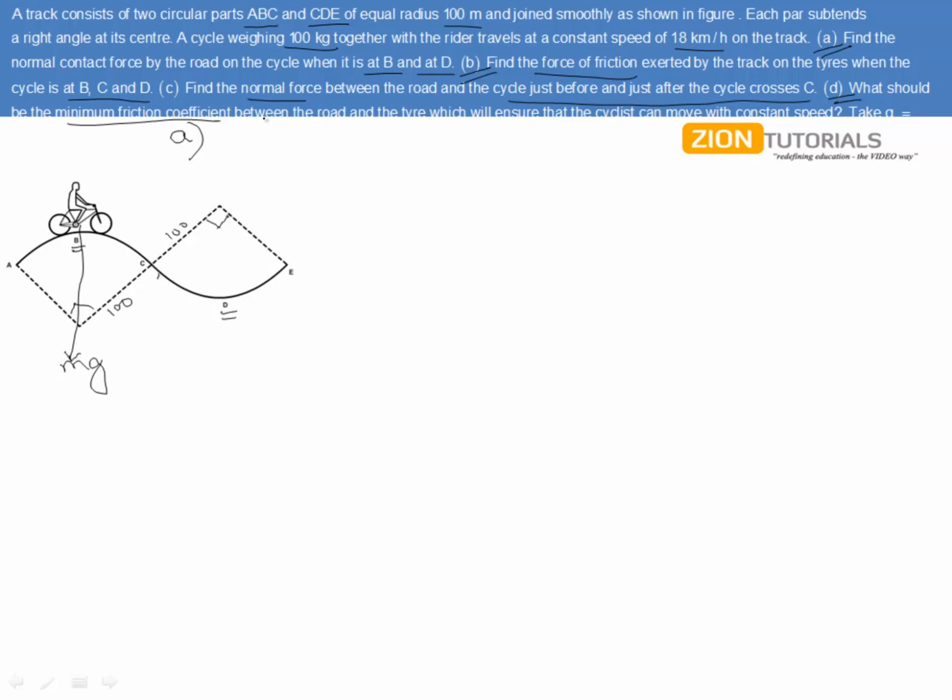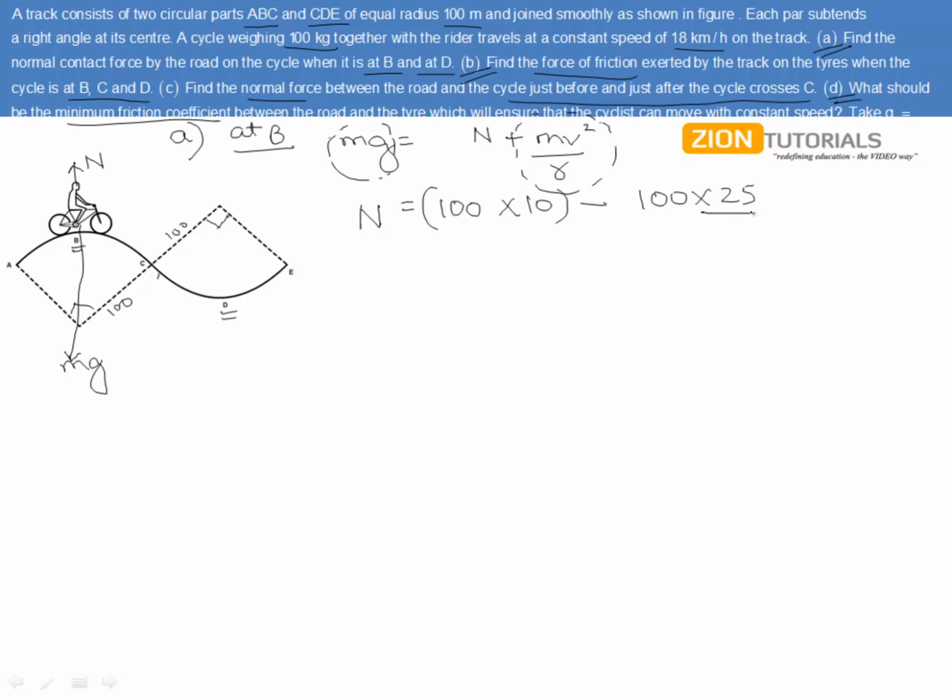Forming the equation, at B, I have mg equals normal reaction plus mv square by r, because this will be the centripetal force, which will be equal to the total force towards the center, which is mg, minus the total force in the opposite direction, that is normal, bringing that to the right hand side, which becomes plus N. Putting the values over here, we get N equals 100 into 10 minus 100 into 25 over 100, giving us a value of 975 newtons.